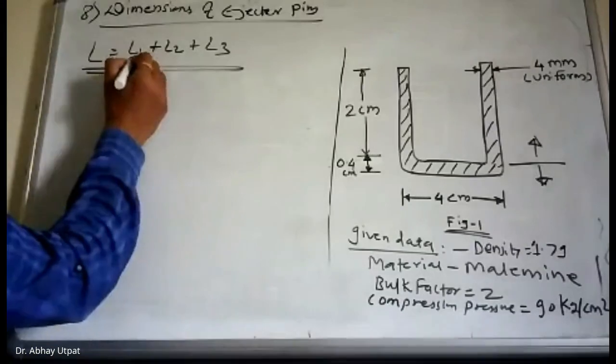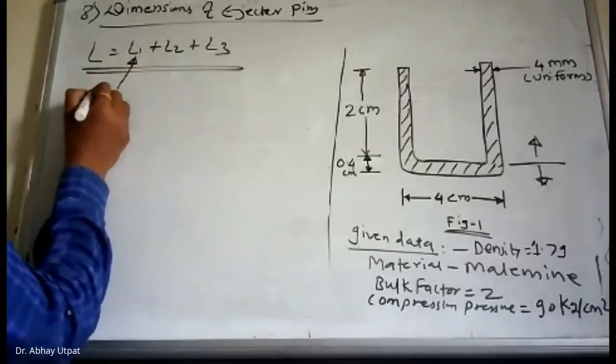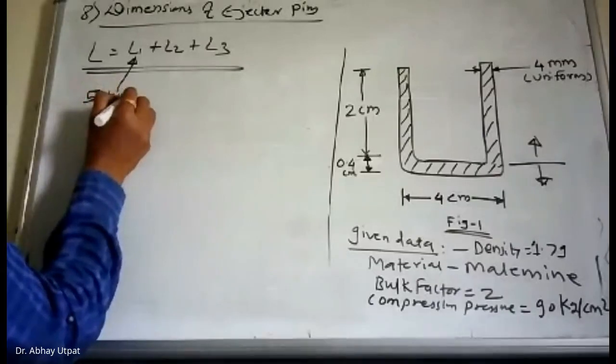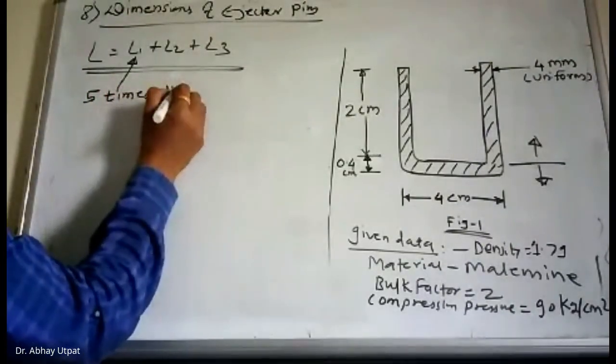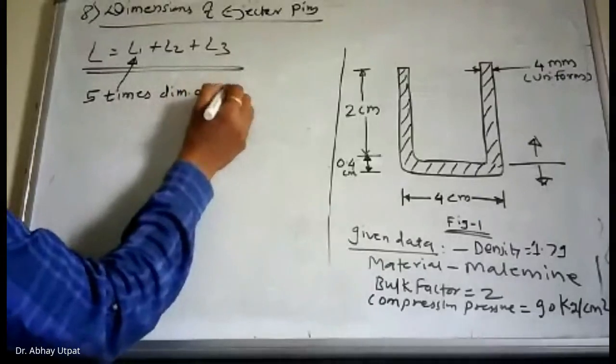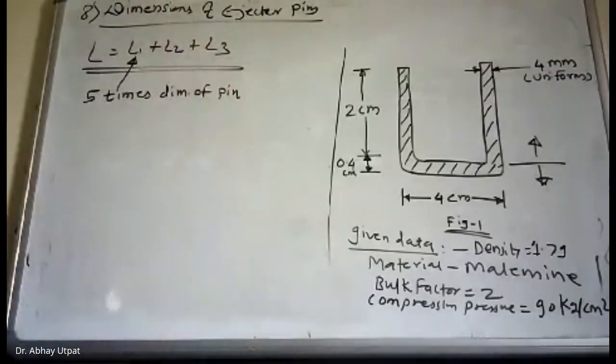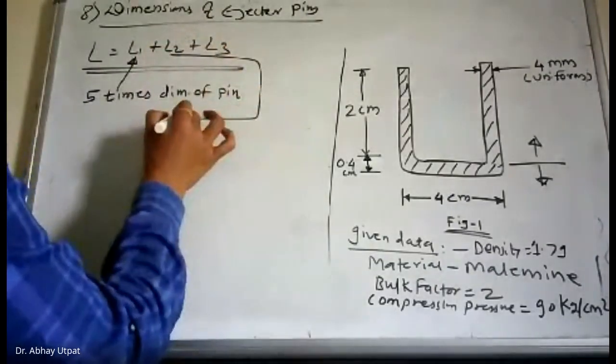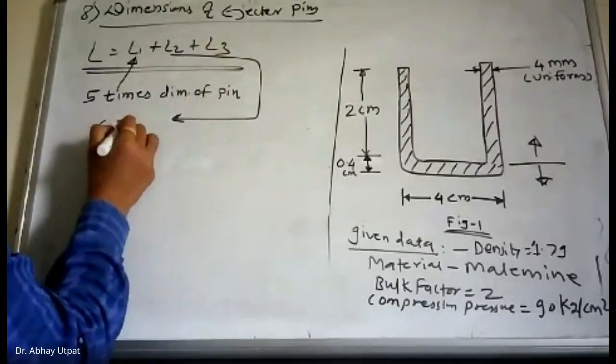L1 is defined as length which is 5 times the diameter of pin. L1 is 5 times diameter of pin. Then L2, how is it defined? Ejector stroke.